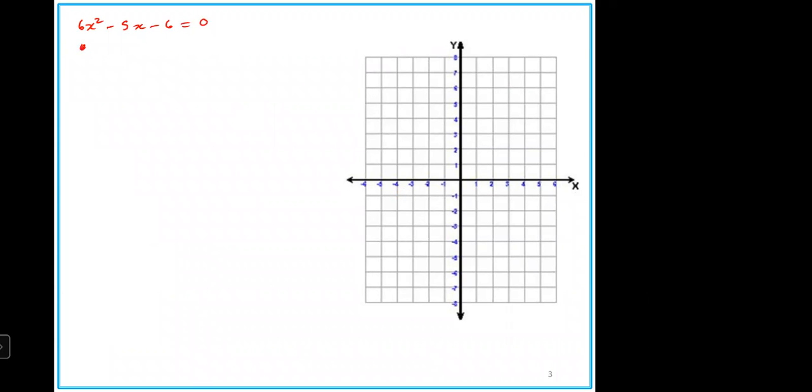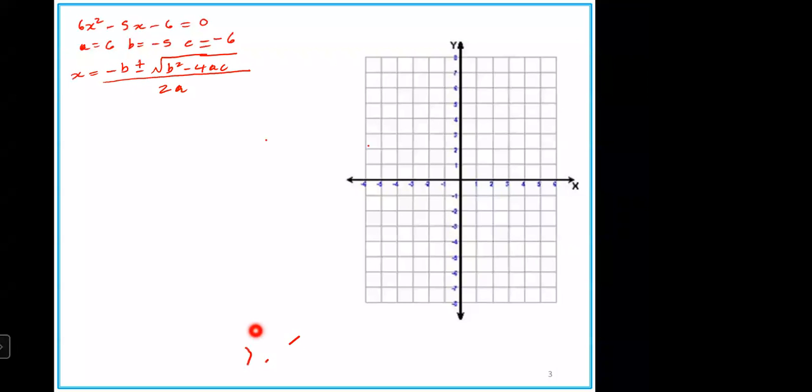A is equal to 6, B equals -5, C equals -6. So based on this equation, we have x equals minus b plus or minus square root of b squared minus 4ac all over 2a.